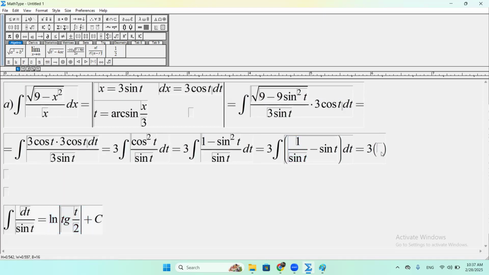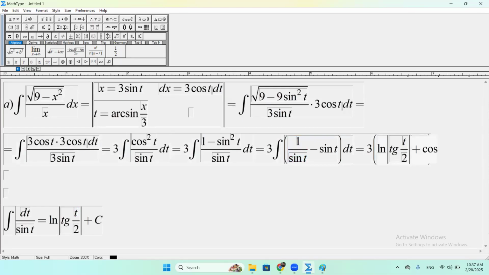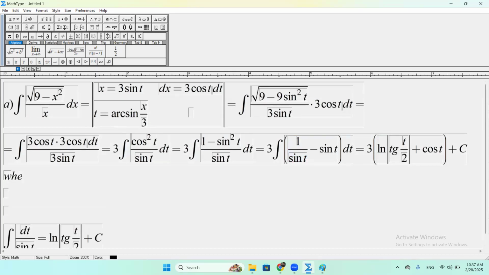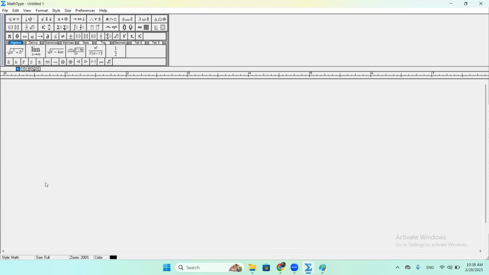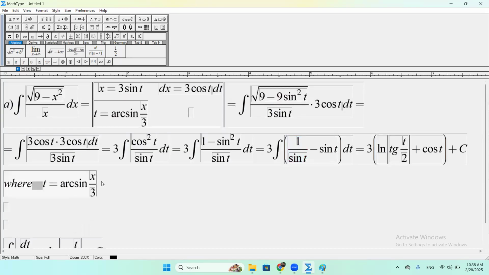So 3 times this integral, and the integral of sine is minus cosine, so cosine t plus c. And let's remember that the initial integral was with the function with variable x, so we need to write down what t equals.